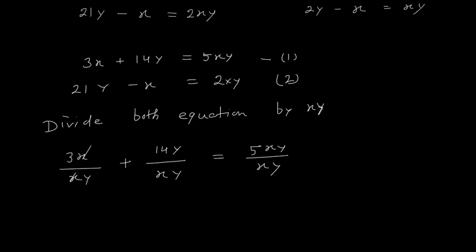Okay, so this x and x cancel, this y and y cancel, here both xy cancel. So we get 3 upon y plus 14 upon x is equals to 5.